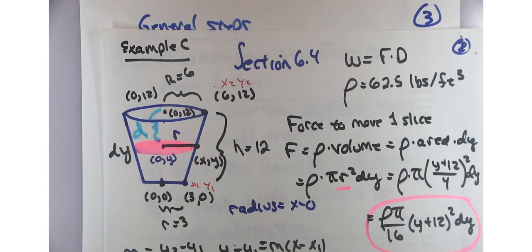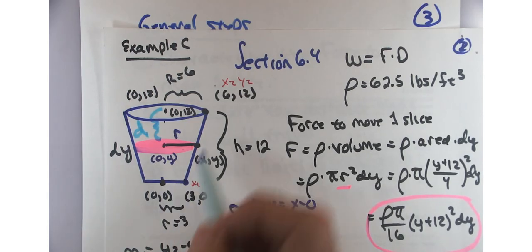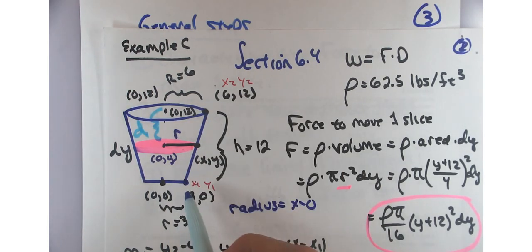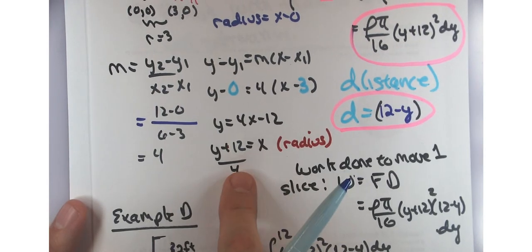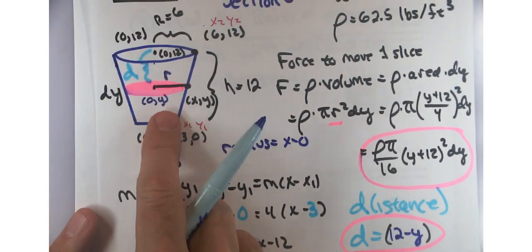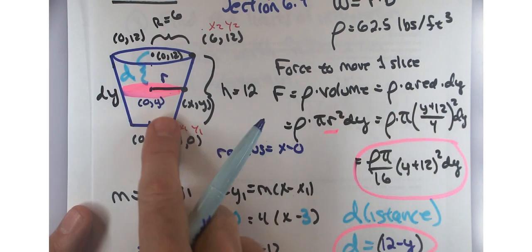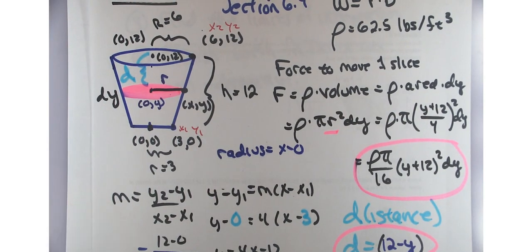We had to put in coordinates, and we had to figure out the equation of this side, and then solve for x in that equation in order to come up with our expression in terms of y, and then plug it into our formula. There's a lot that goes on here. So that's going to be the big challenge.